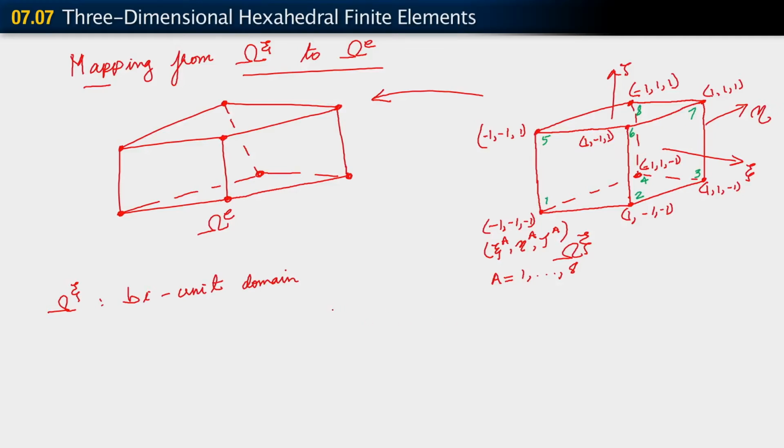So with things set up in this manner, in general, we have this formula, N A as a function of xi, eta, zeta, is equal to something expressed as a function of xi, eta, zeta.